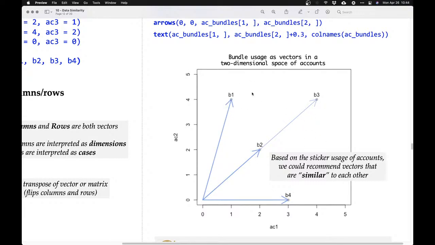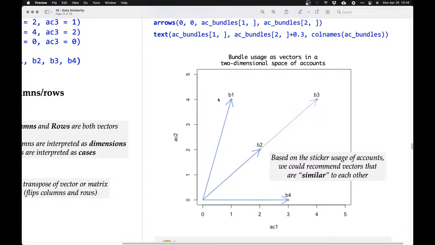Let's say somebody really likes bundle 1. Which other bundles might you recommend, looking at this figure, or which one would you really not recommend? Looking at this figure. So if somebody likes bundle 1, what other bundles could you recommend, or really not ever recommend to them?